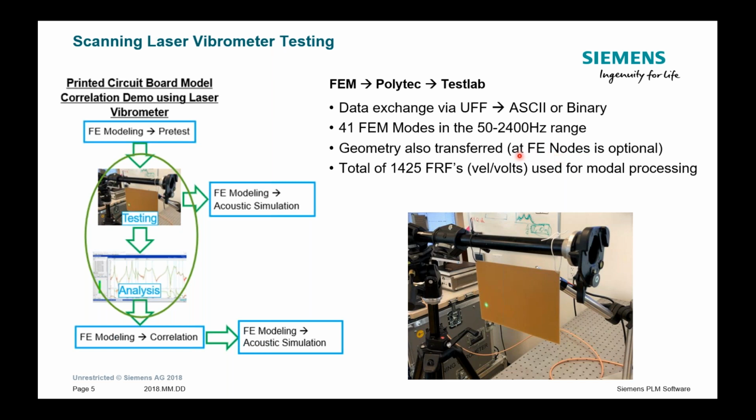And then the result of the test produced 1,425 FRFs. And in this case, since we weren't measuring the force, which is typically done in modal testing, we just used the voltage signal to the exciter as the reference signal. So we measured velocity over volts, and those were the frequency response functions that we used for the modal processing.